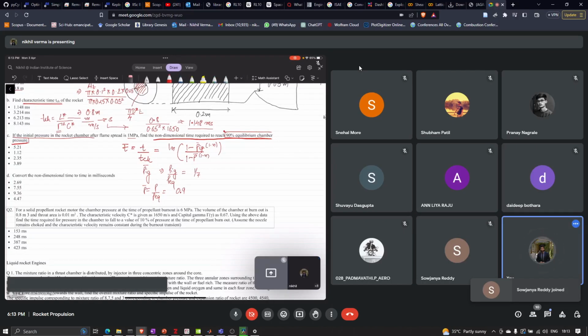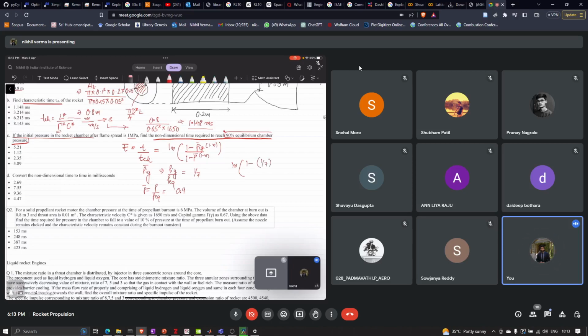So if we plug the values, 1 minus 1 by 7 to the power 0.7, because n is 0.3, which is given in the problem, and this is 0.9 to the power 0.7. This is the non-dimensional time. If you calculate it, you will get the value as 2.35.